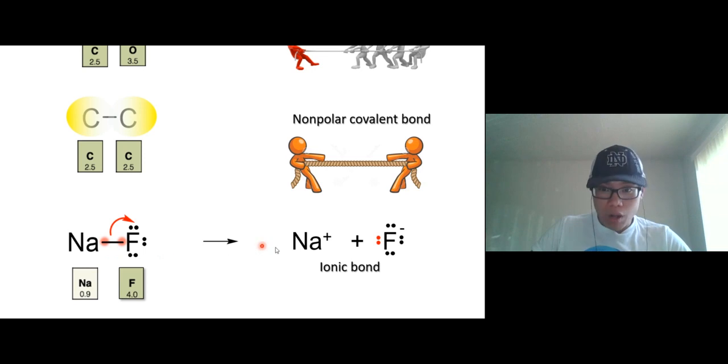As a result, you get a sodium ion, because sodium loses the electron entirely, and fluorine gets the whole thing. That makes sodium a real positive charge, not partial, not a little. This is a real charge, and fluorine got a full negative on it. And the attraction between the cation and anion is an ionic bond. Looks like that.